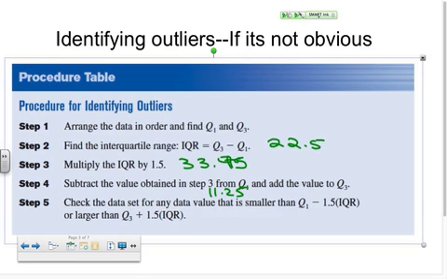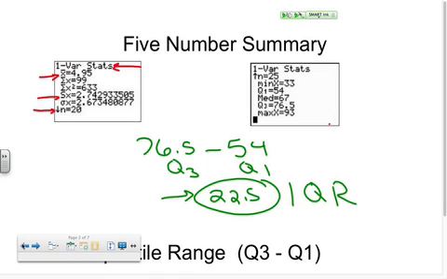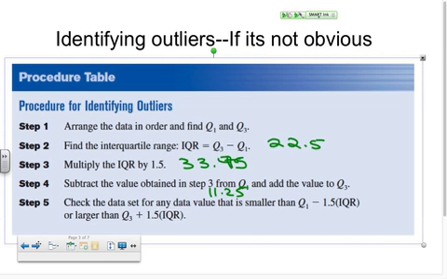We're going to add it to Q3. I don't remember what Q3 was. It's just 76.5. I get 87.85. Okay? So pretty much, and then we check the data set.